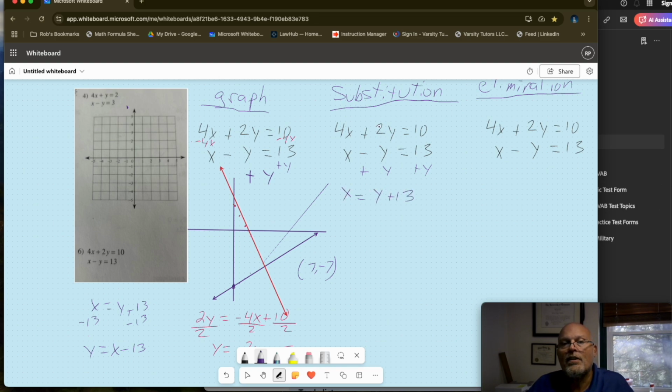Take that, substitute it into the previous one, and I get 4 times y plus 13 plus 2y equals 10. Distribute. 4y plus 52 plus 2y equals 10. 6y plus 52 equals 10.